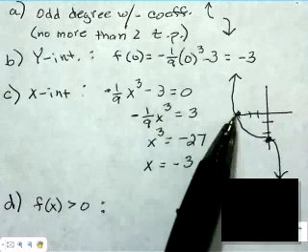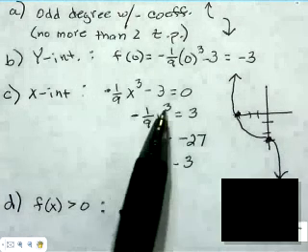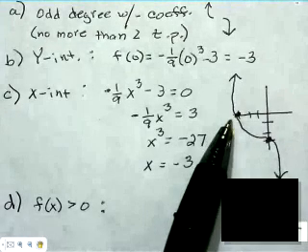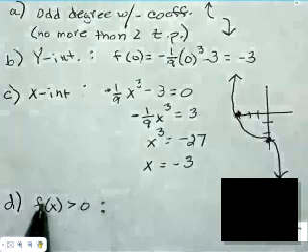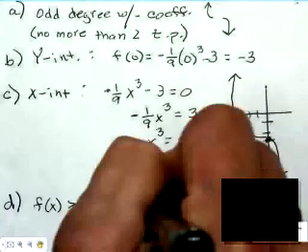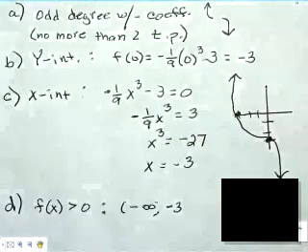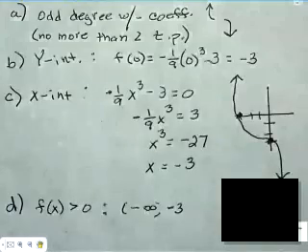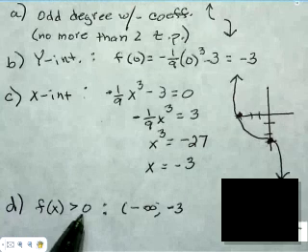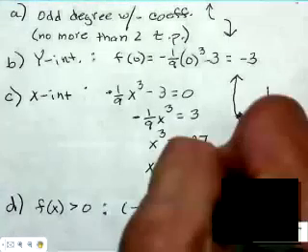Yeah, at -3 at the x-intercept. The graph is positive from -infinity all the way up to -3, and then it stops having positive y values. So if I'm giving the x values for which the y's are positive, that would be -infinity up to -3. Hey, should that -3 have a bracket or a parenthesis on it? It just says y is greater than 0. Is the y greater than 0 at -3? No, it equals 0, so I should have a parenthesis there.